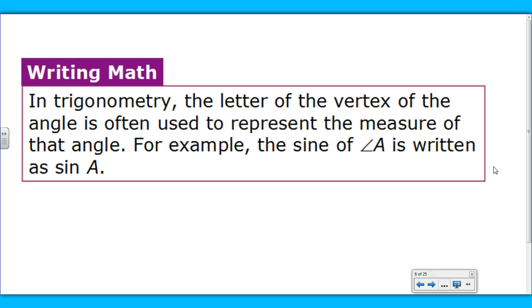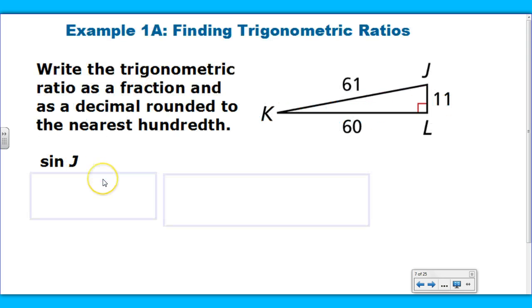Okay. So, in trigonometry, the letter of the vertex of the angle is often used to represent the measure of that angle. So, the sine of angle A is written as sine A. We're going to write the trigonometric ratio as a fraction and as a decimal, rounded to the nearest hundredth. We're looking for sine of J. So here we have angle J. We're looking for sine, opposite over hypotenuse, right?